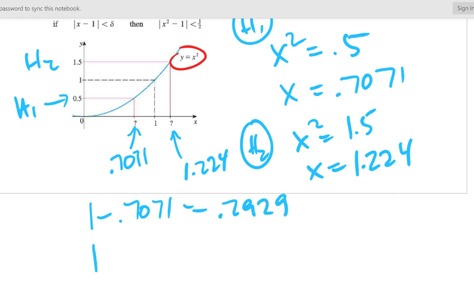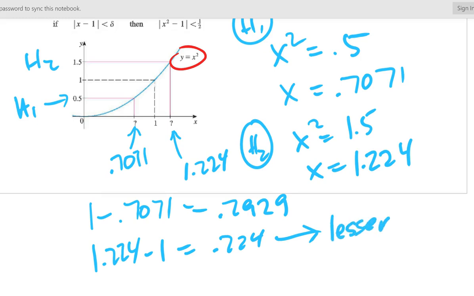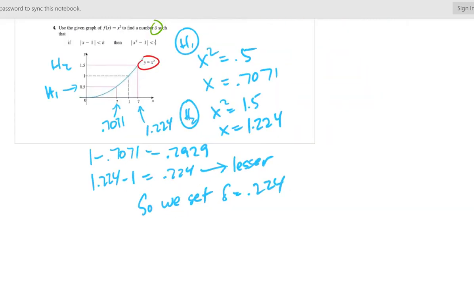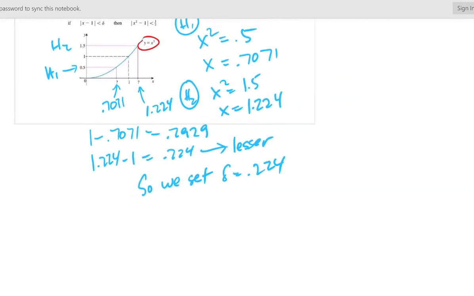And 1.224 minus 1 is 0.224. So the lesser of these two is 0.224. So we set delta equal to 0.224.